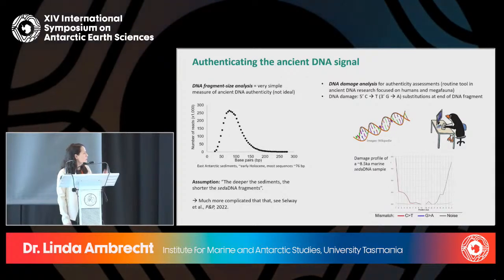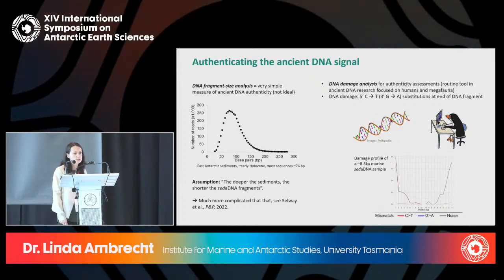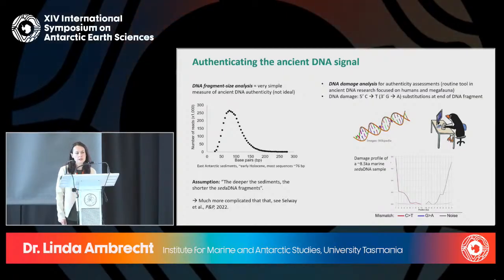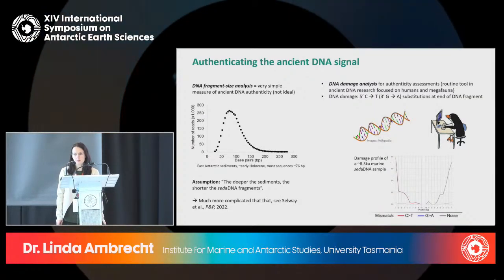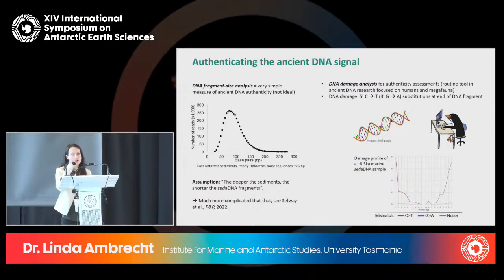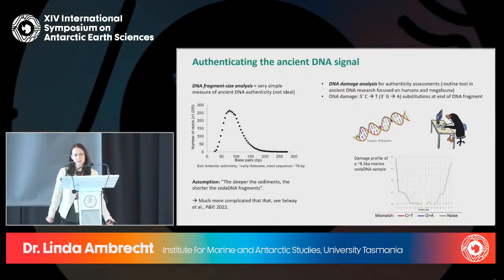In terms of authentication, there are different techniques we can use to really make sure that the DNA is ancient. The first one I've already described a little bit. We're looking at the size distribution of DNA fragments in our extracts. Here the hypothesis is that the older the sediments are, the shorter the DNA fragments get.